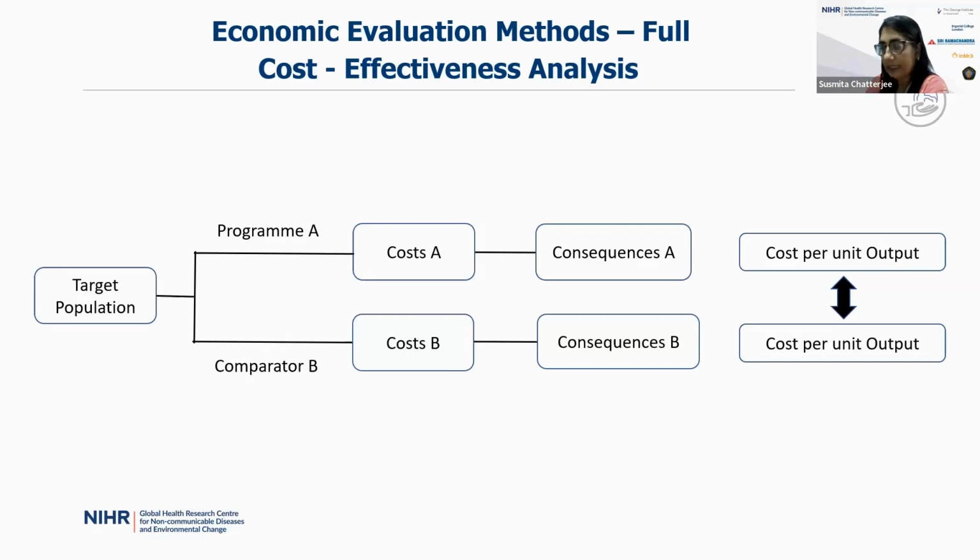So at the end of the day, you will see cost per hospitalization for program A, cost per hospitalization for the comparator, and you will compare. Like if I have a cost per hospitalization of 100 rupees for program A and 90 rupees for program B, that means comparator B is doing better because the cost per output is lower. Or you can go with the cost effectiveness research, I'm coming to that.